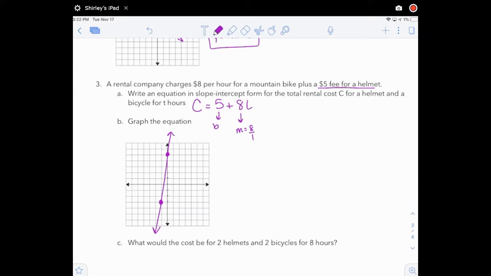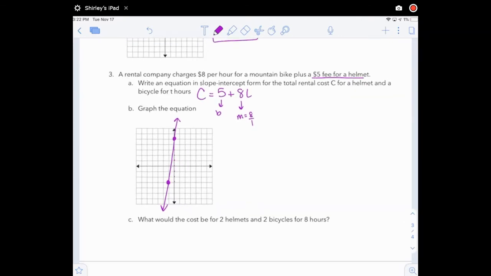What would the cost be for 2 helmets and 2 bicycles for 8 hours? Okay.